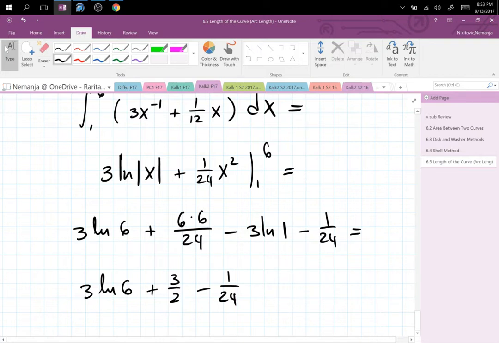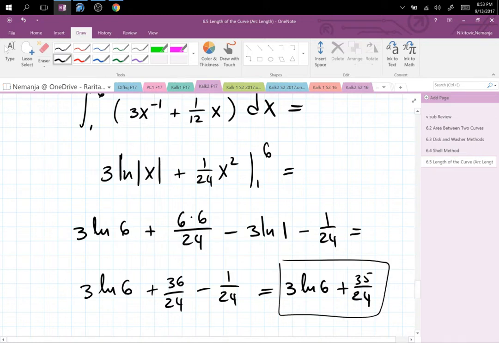Oh yeah, 36/24, you're right. So the whole thing is 3 ln 6 plus 35/24, and you walk away. That's an exact number. You can get decimals if that makes you happy. It shouldn't, but let's say it does.